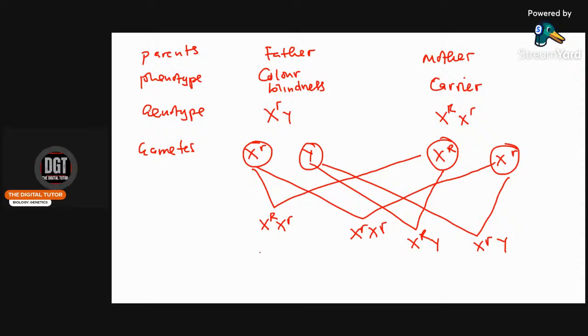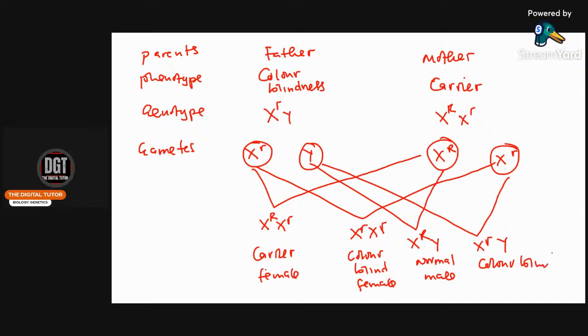So now this one is carrier female, this one is colorblind female, this one is normal male, and this one is colorblind male. Then this is the F1 phenotype, and this is the F1 genotype.